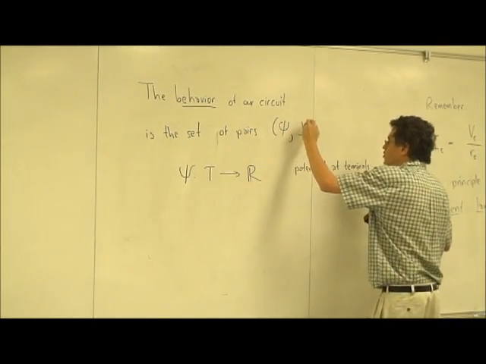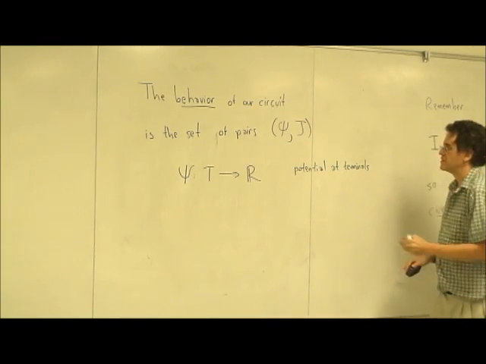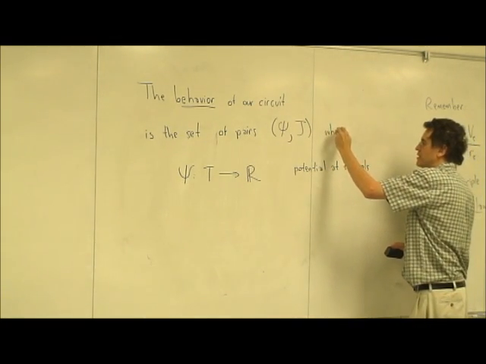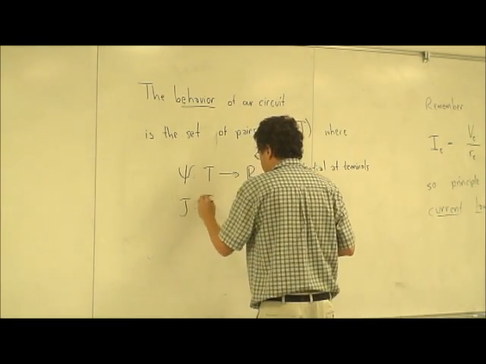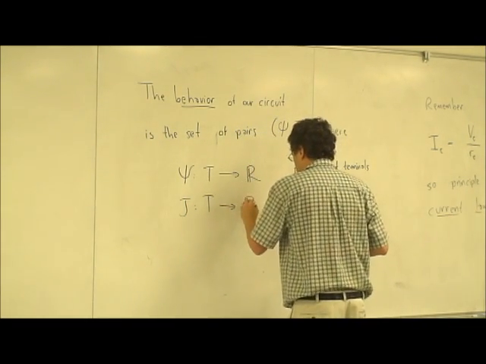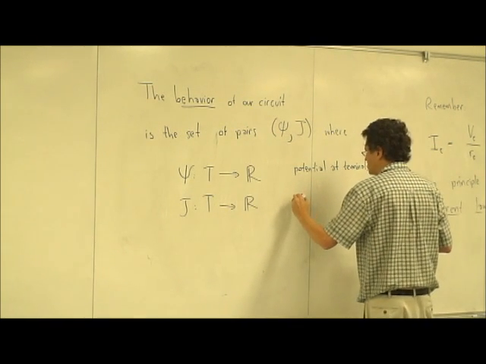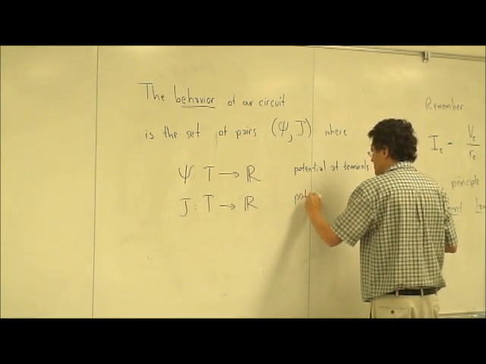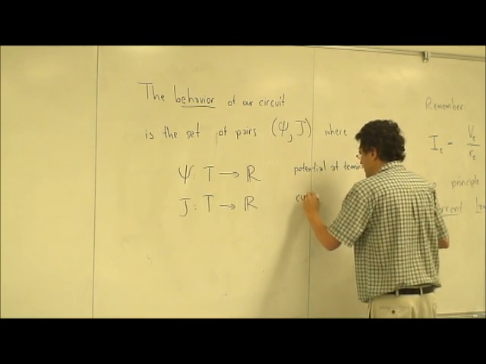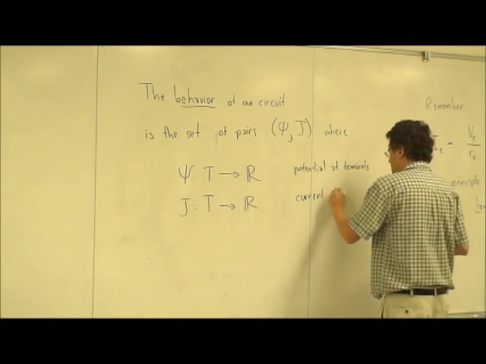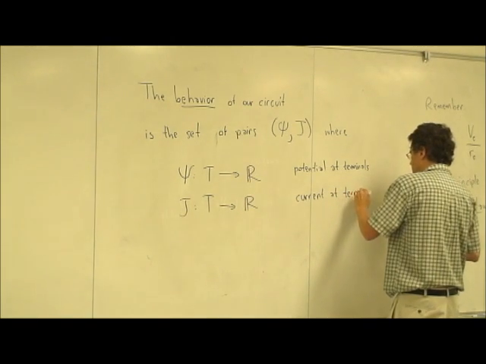And the second item will be currents at the terminals. So the current at terminals will be some other function. Call it J, because that looks like I, sort of. And that's the current at terminals. This is a long sentence. It's just getting going.